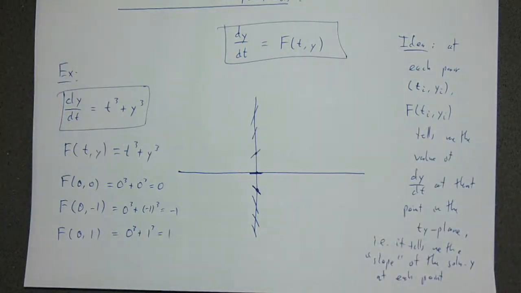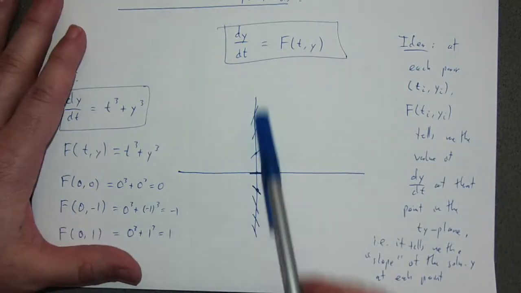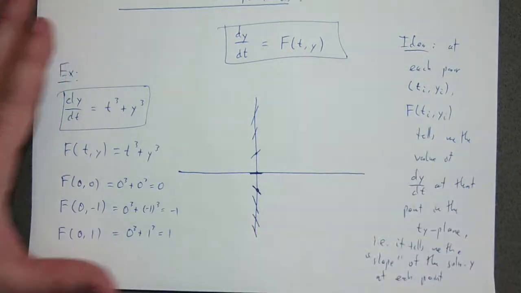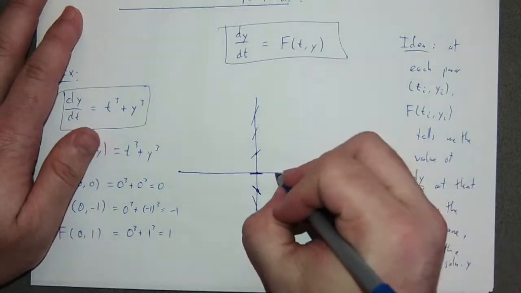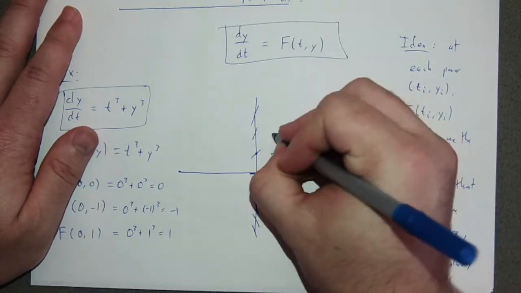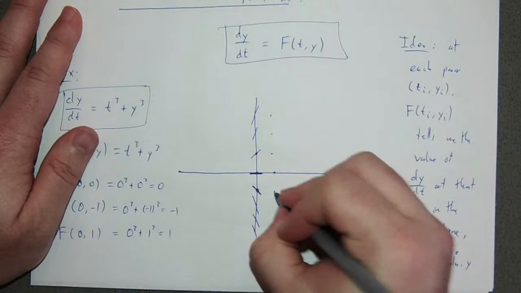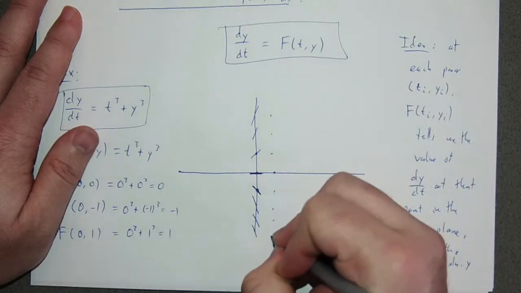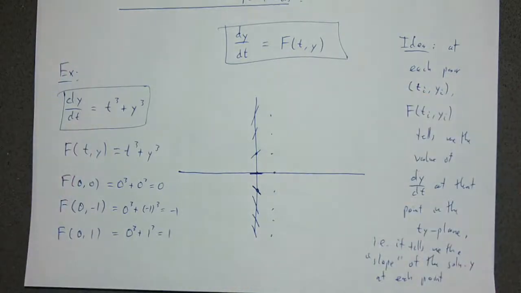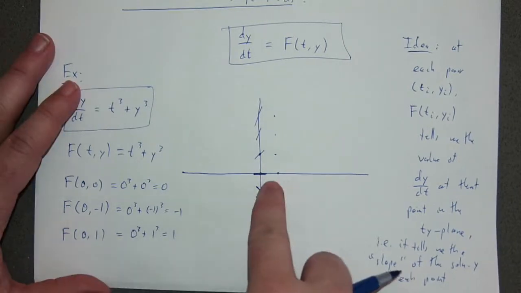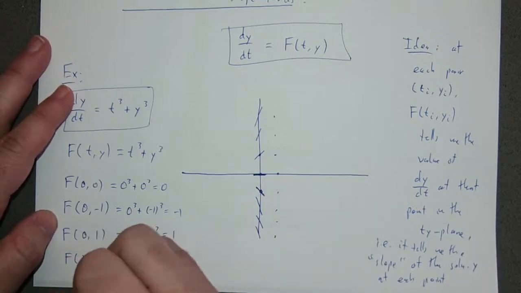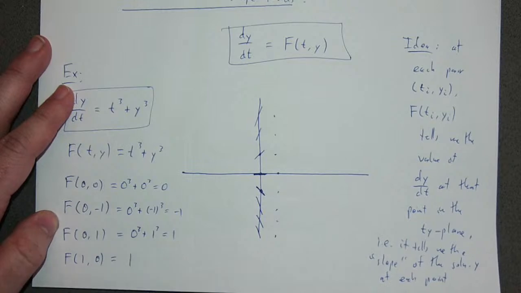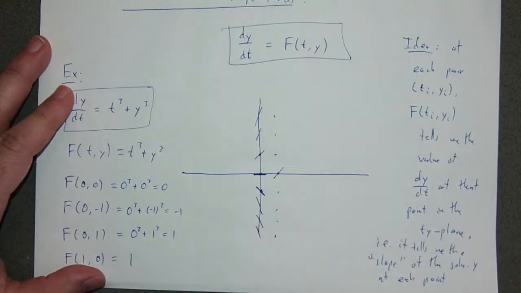Okay. And of course, I've just done that for a few points, but you can now imagine generating a mesh grid of a bunch of points here. So here's like the next line in the grid. So a few points here, and you do the exact same thing, right? So here at 1, 0, f of 1, 0, the value of that is 1, so it looks like that.